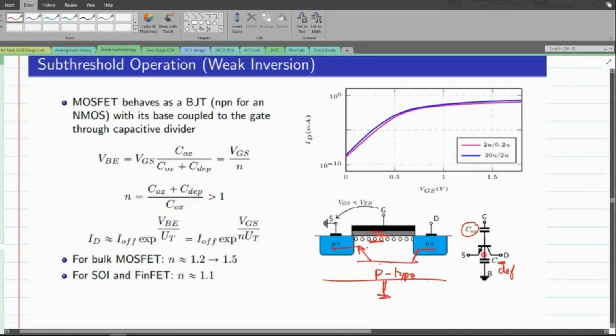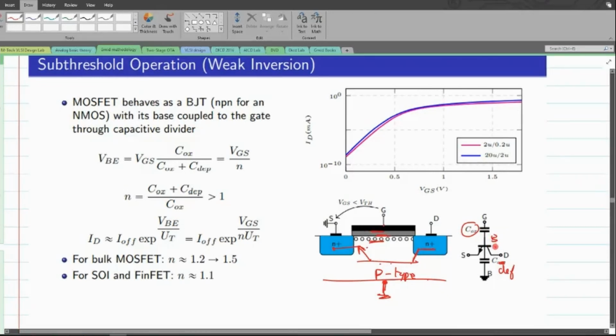So the gate is connected to the base of my BJT through a capacitive divider network, with two capacitances between the gate and the body of our MOS structure.